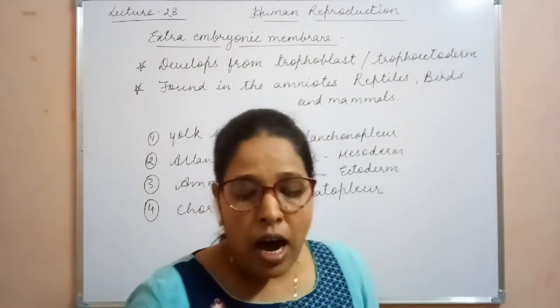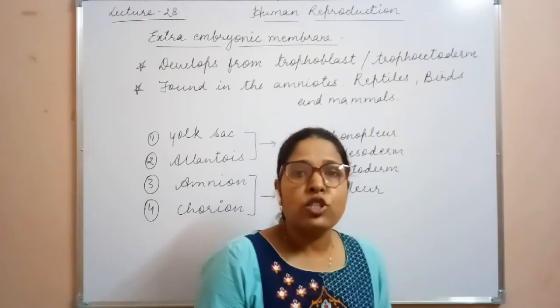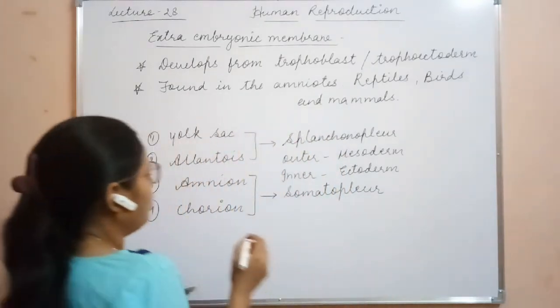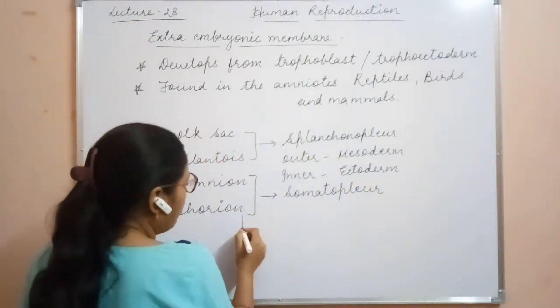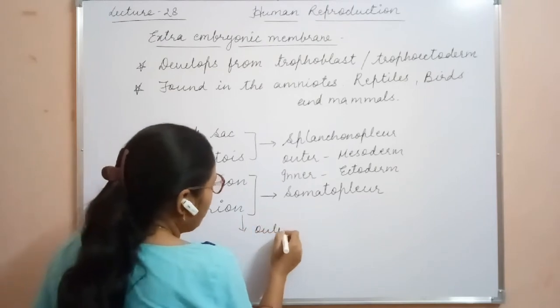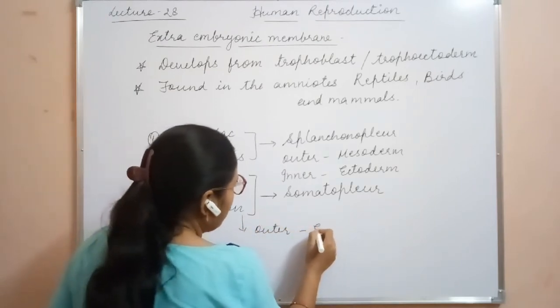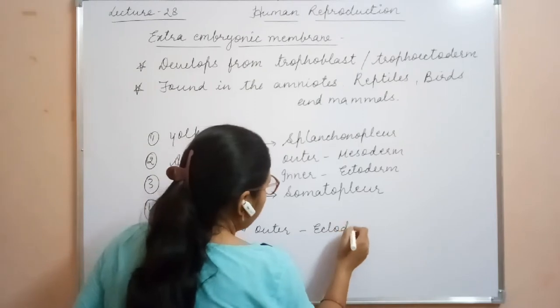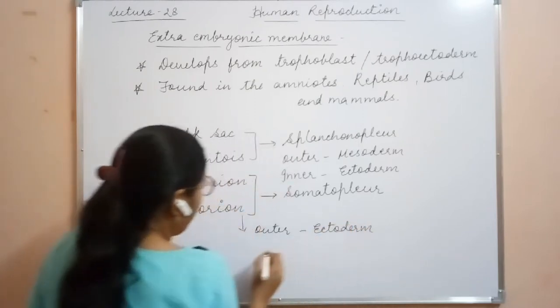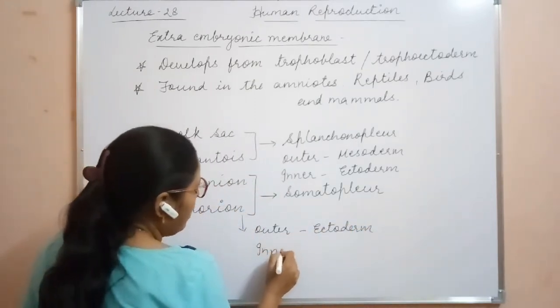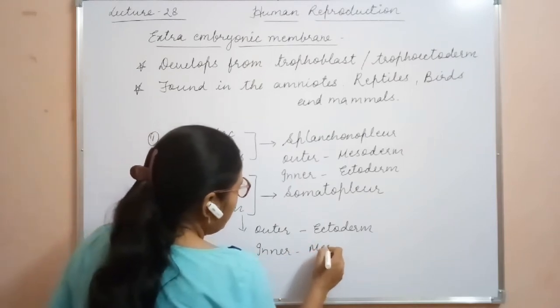Here the outer membrane in case of chorion is ectoderm and the inner membrane is mesoderm.